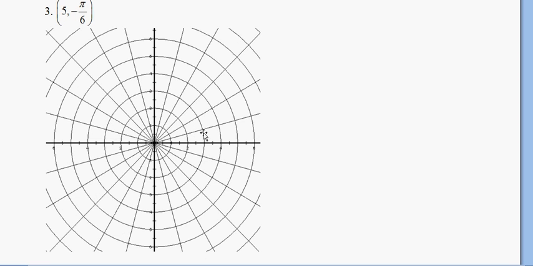So in here our polar axis is a little bit larger. I did that on purpose because we have 5, so I just made the polar axis a little bit larger, and negative pi over 6. The thing to keep in mind on the polar axis that I have here is that each one of these is pi over 12 or 15 degrees.